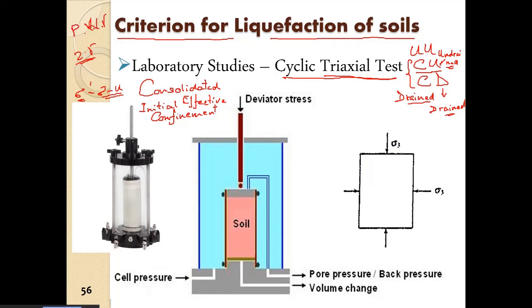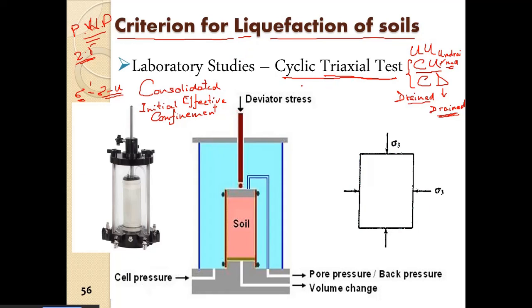But we will see that there were some drained tests done on soil to understand the effect of the grain size and the permeability, or the hydraulic conductivity of the soil, and the dissipation of pore water pressure. If the pore water pressure quickly dissipates, definitely there will be no liquefaction of soil. We will see that as well.